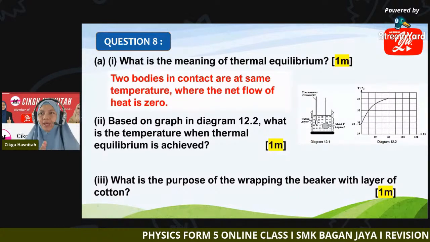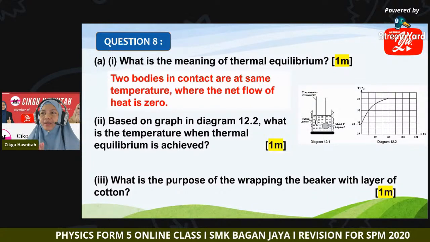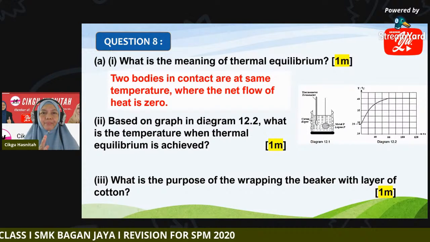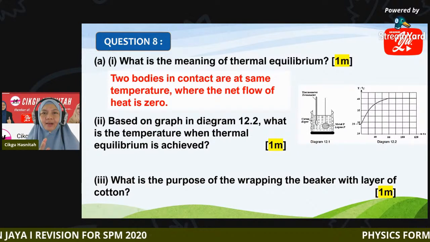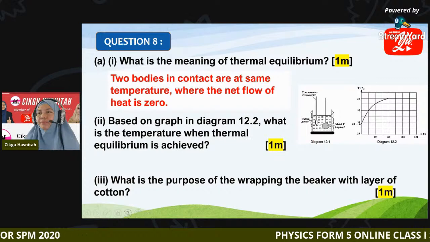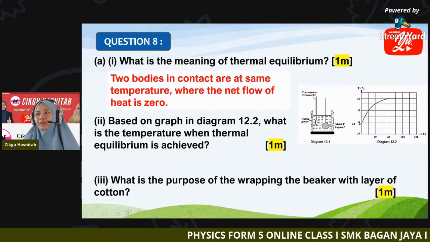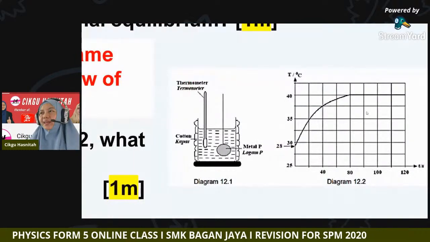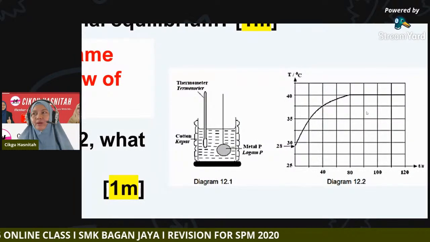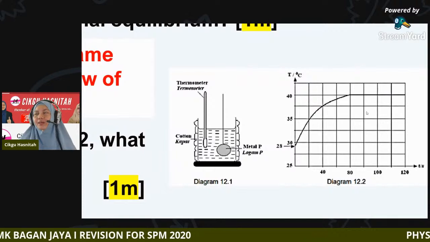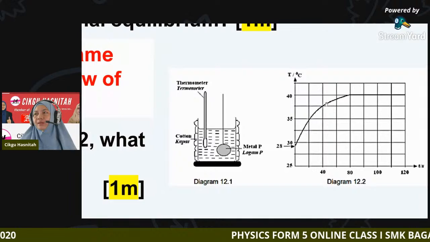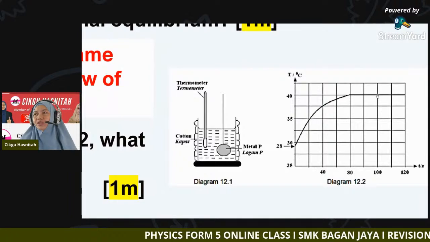Second, based on the graph in diagram 12.2, what is the temperature when thermal equilibrium is achieved? Let's take a look at this graph. You can see this is how the temperature changes, and here it shows the straight line graph.